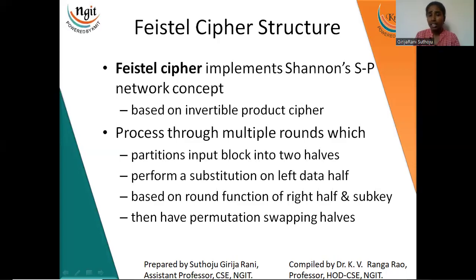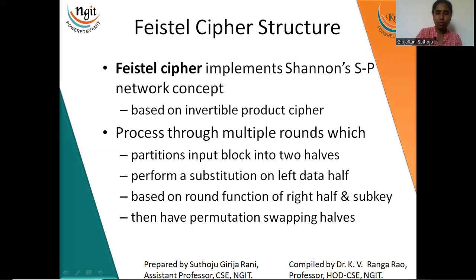Next, the right data should be applied with the round function. This must be applied with the substitutions. All this we are going to see in detail with examples, where the key is also applied. Now, after getting all this, you must go with the permutation. So here we have substitution, some functions, some key, and the permutations, right?